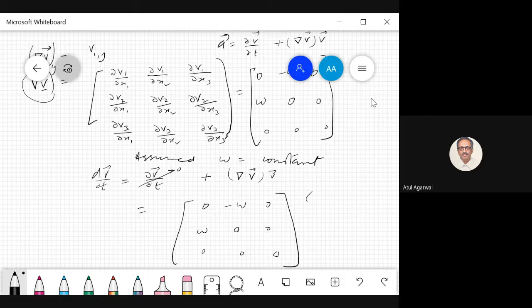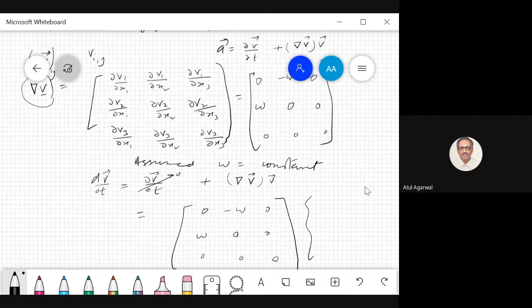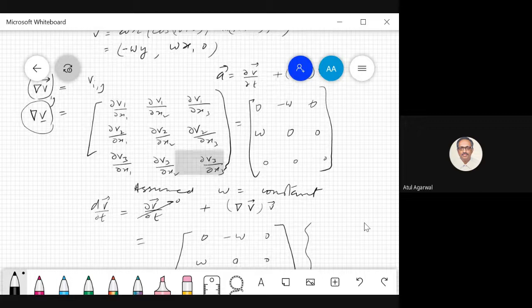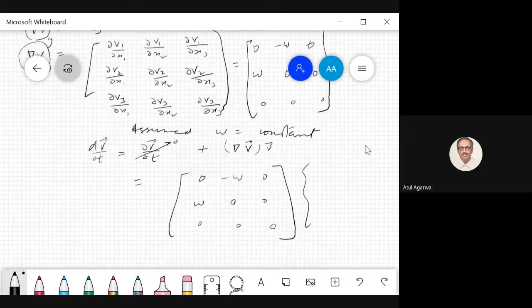So what is the velocity vector? Minus omega y, omega x, 0. So you have to just do a matrix multiplication. So you get minus omega square x.